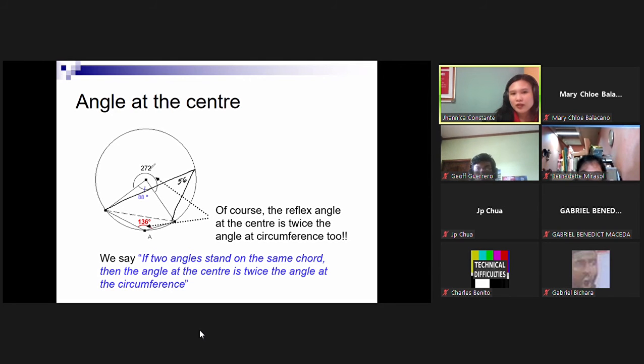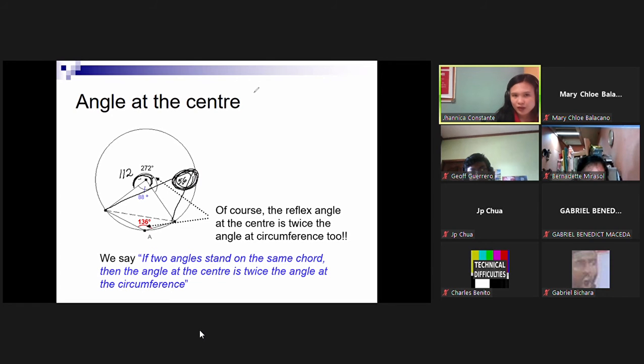To find, for example, the central or the reflex angle we have here, twice of 56, that's the measurement of your exterior angle. So 56 times 2 is equal to 112. That's your reflex angle, twice the measurement of the angle at the circumference.